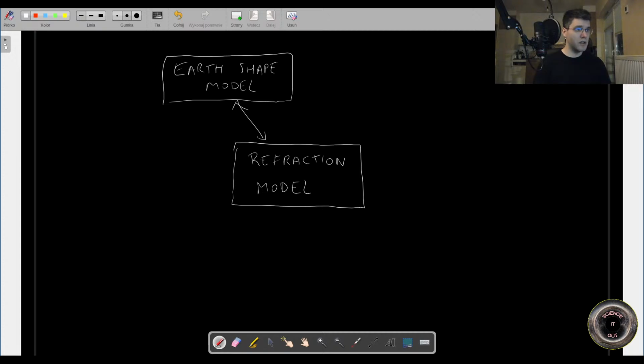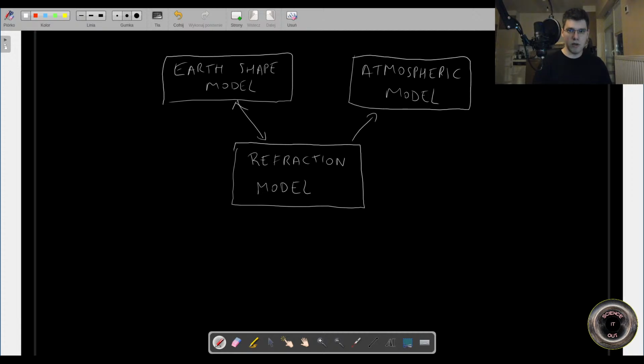Then there is the atmospheric model, which is also quite important because atmosphere is what causes the refraction, right? And the atmospheric model is obviously also connected to the refraction model, because this is basically what determines what index of refraction is at what altitude, and this is an input to the refraction model.